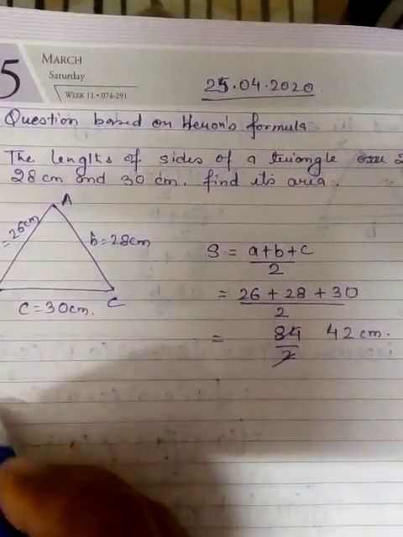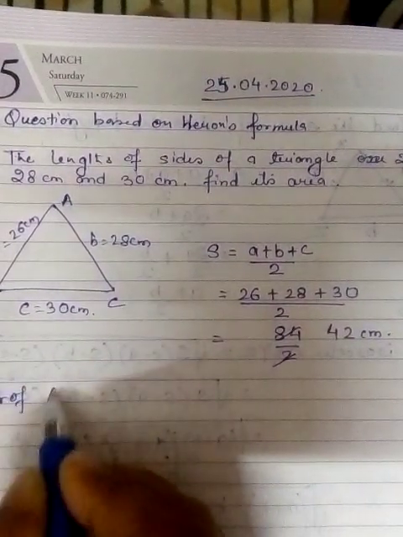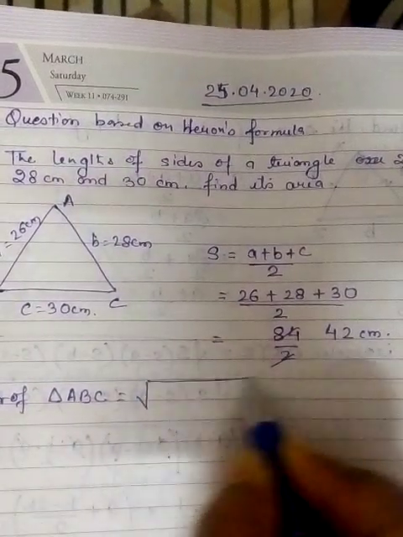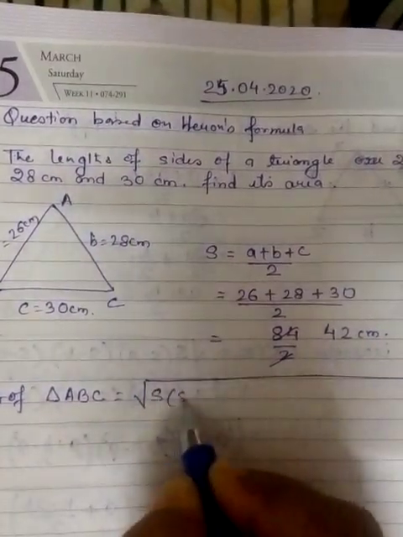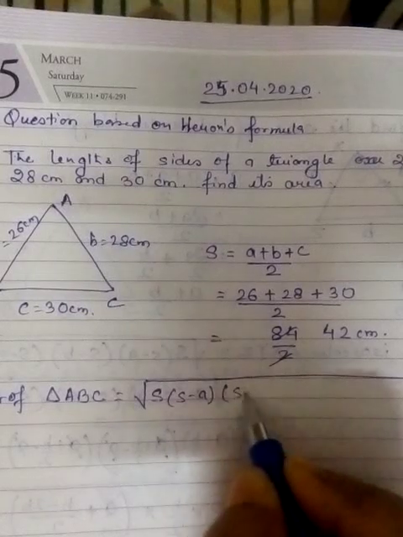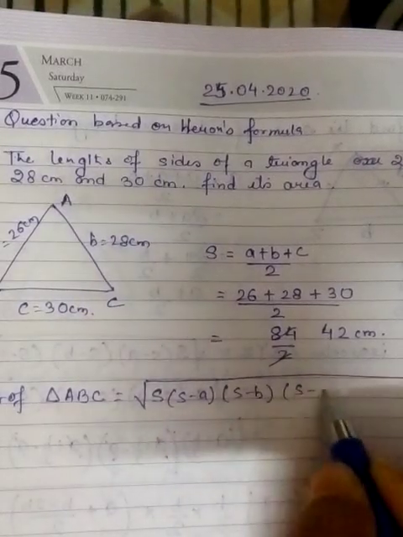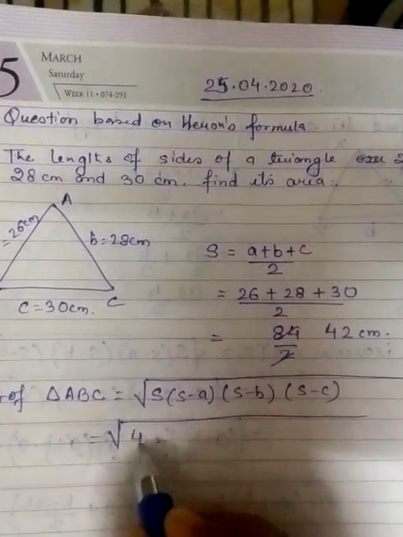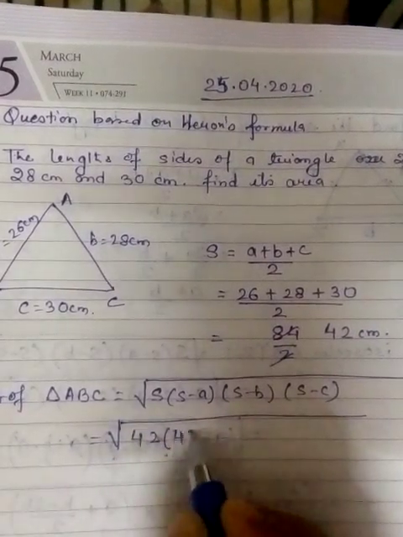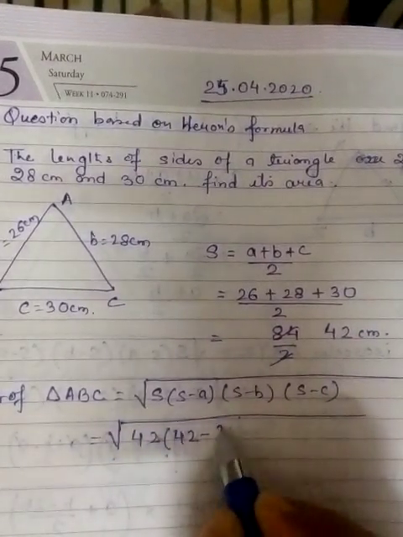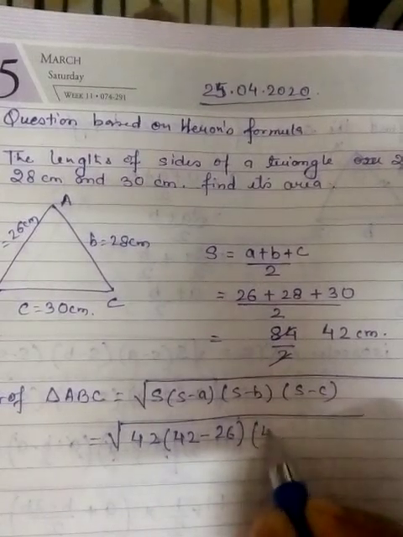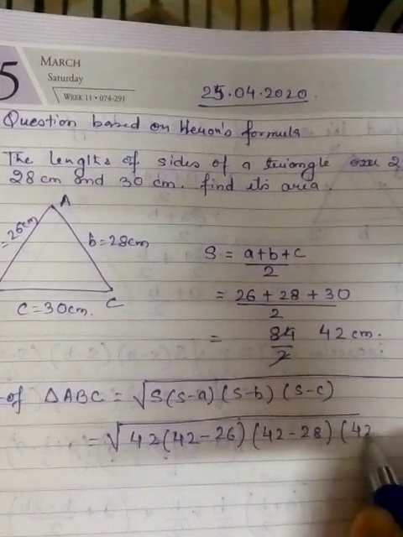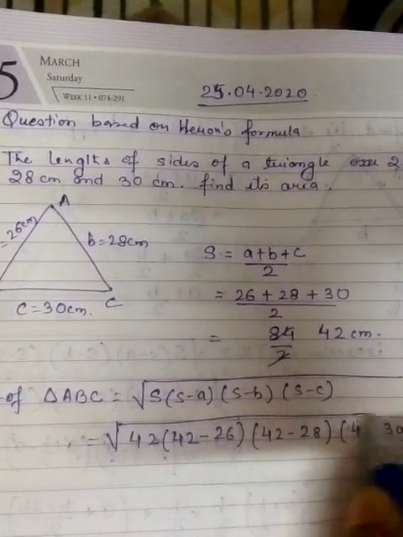Now we have to find the area of this triangle. So the area of triangle ABC will be equal to under root, the formula is S into S minus A, S minus B, and S minus C. I am going to put the values of all these things. S is 42, again S is 42, minus A is 26, S is 42, minus B is 28, S is 42, minus C is 30.